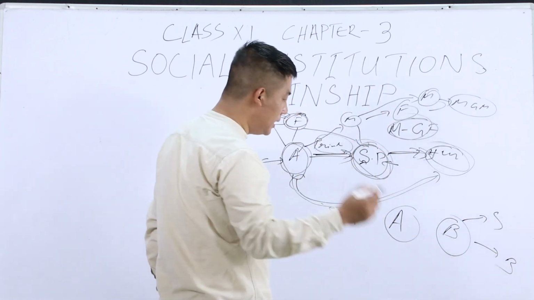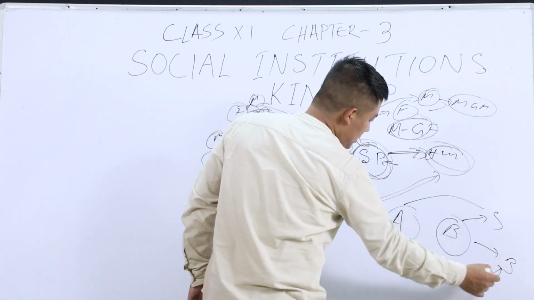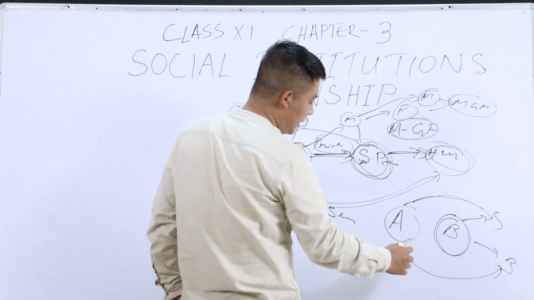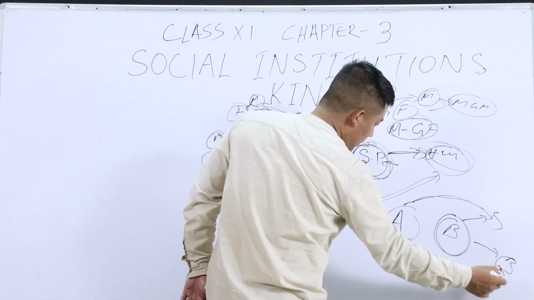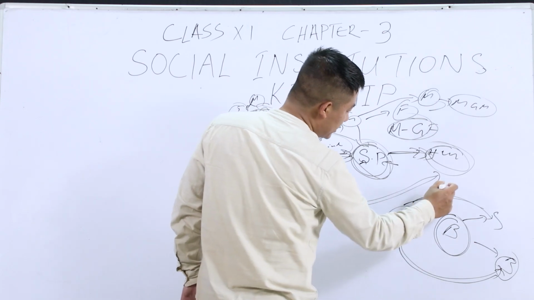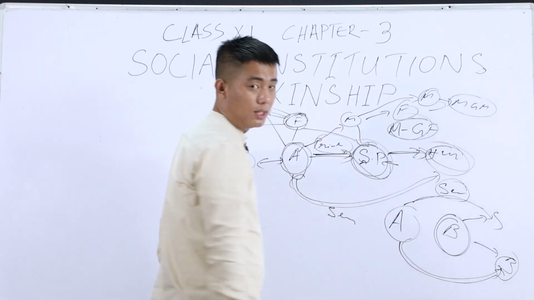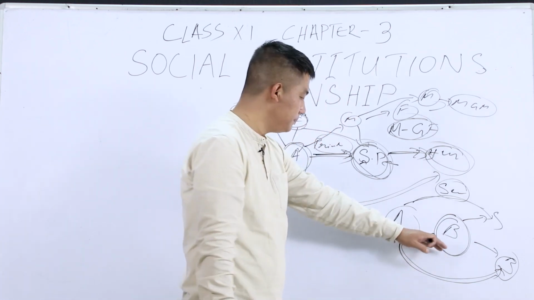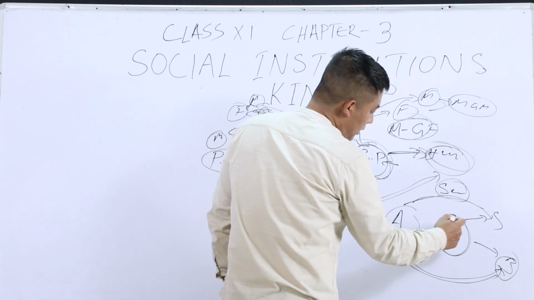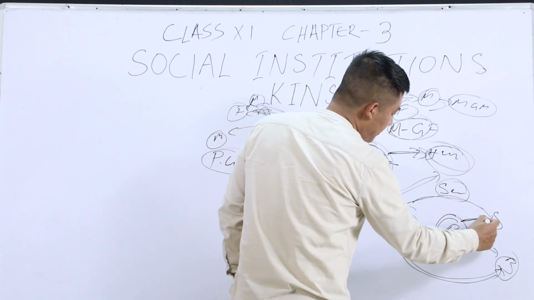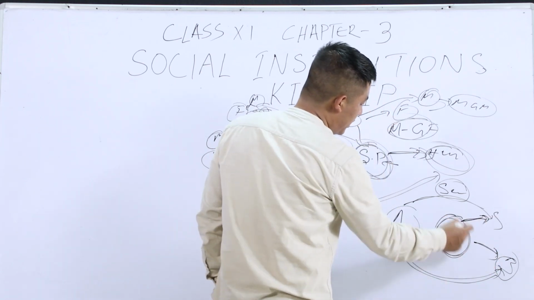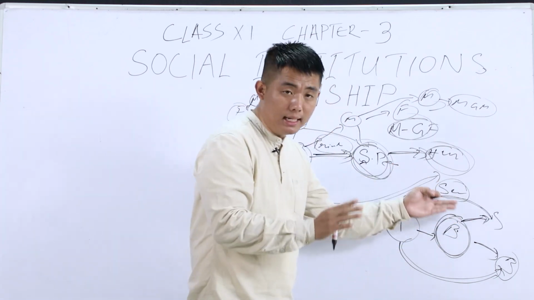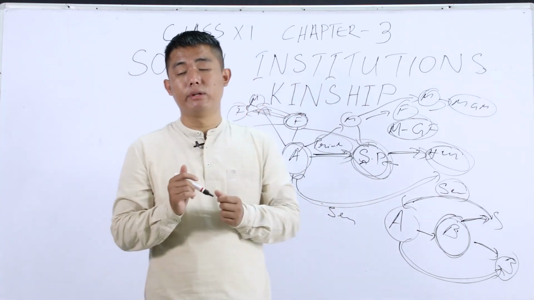The relationship between your in-laws, Mr. A's sister-in-law, who is the sister of your wife, and Mr. A's brother-in-law, those relationships are called secondary. You have a direct relationship with B, and Miss B also has some primary kin, through whom you are related. This kind of kin or relationship is called secondary kinship.